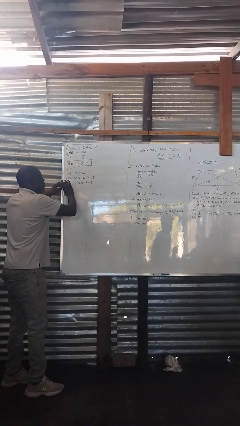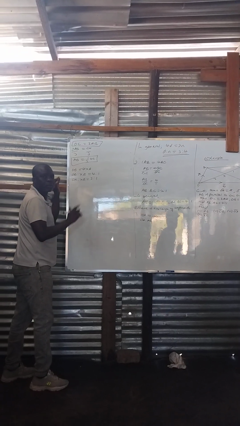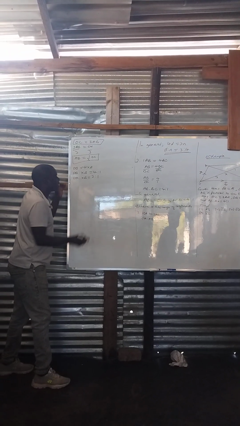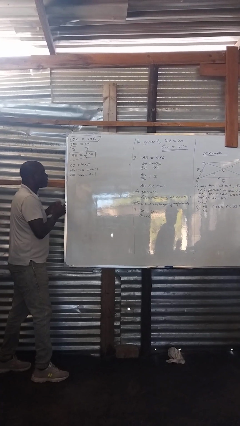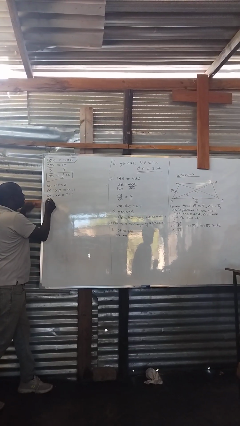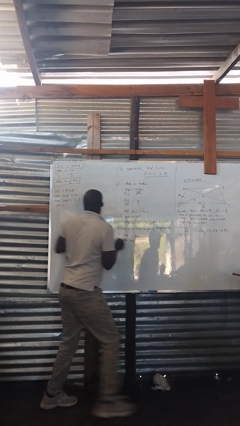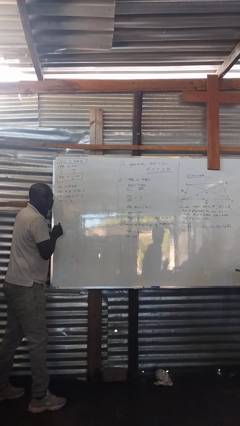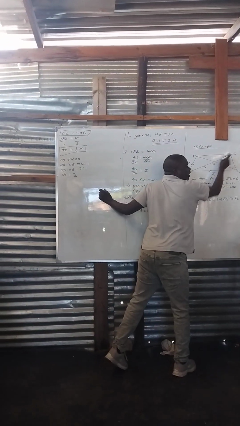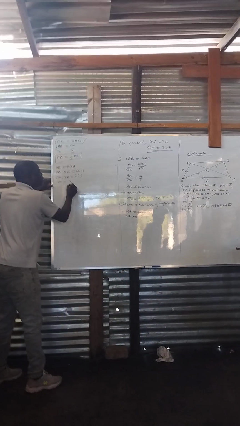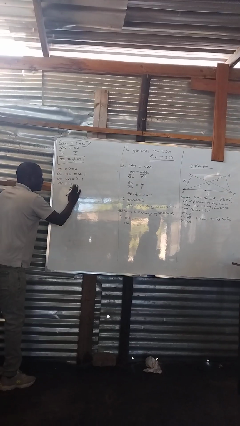This is now the ratio which can be used. Let me make a proper ratio. OX occupies 3 parts out of how many parts of the whole line? 4 parts of the whole line OB.